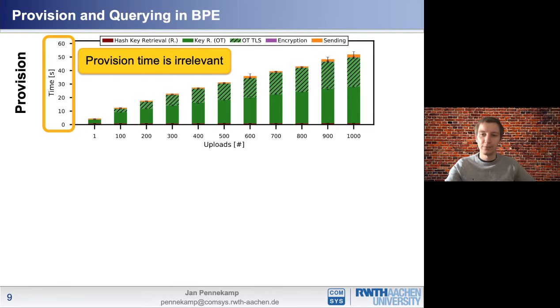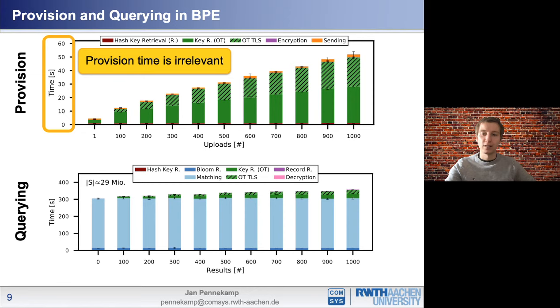Continuing with the querying phase, which is triggered by the client, we can observe a similar behavior. With a larger number of matched records, the runtime also increases. However, we notice that the matching phase takes most of the time here. Depending on the used similarity metrics to identify relevant parameters, the matching phase can be quite significant.